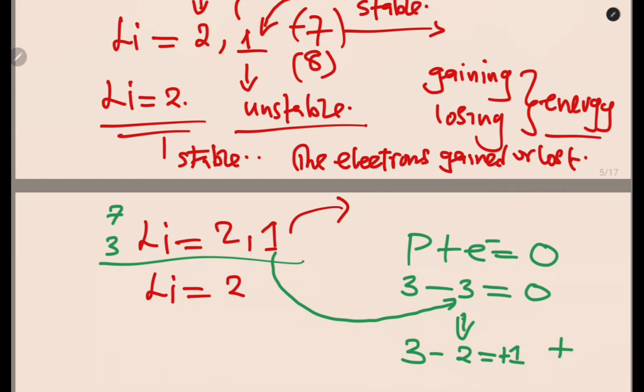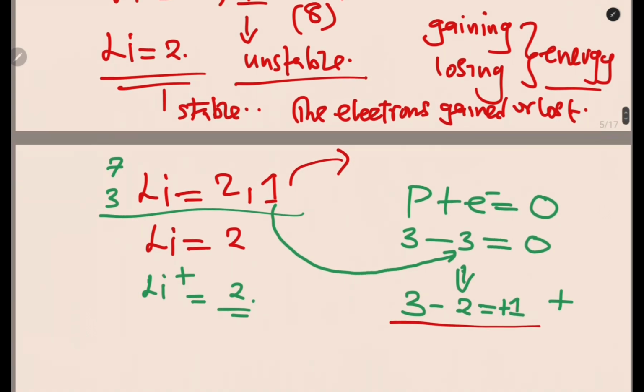And this is the reason why when lithium loses an electron, it becomes lithium positive with this positive charge. So this simply means it has lost electrons. I guess I've cleared the confusion, because some of you might be thinking, but how come if it has lost, it becomes positive, but when it has gained, it becomes negative? I guess I've helped you to understand that part. So it is because of this.